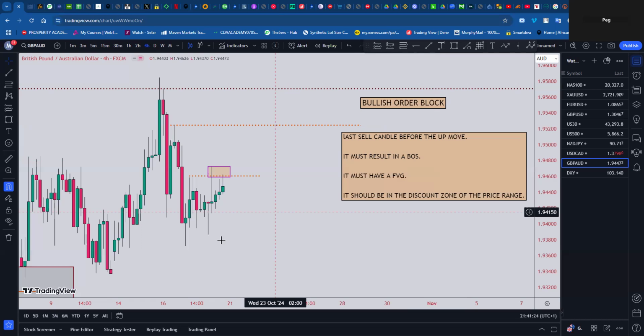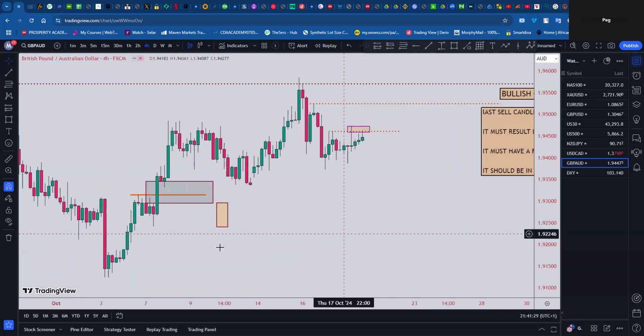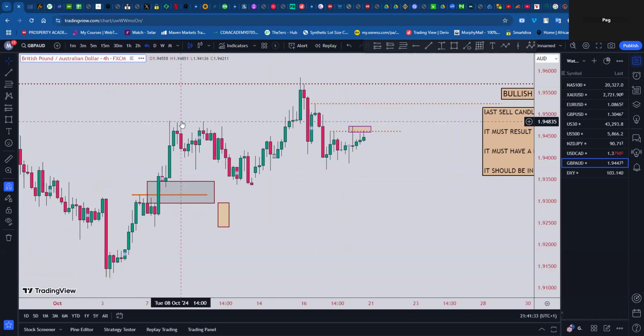For instance, in this place, if we are considering this move from here to here, we are thinking of buying. You understand? We are thinking of taking a buy.